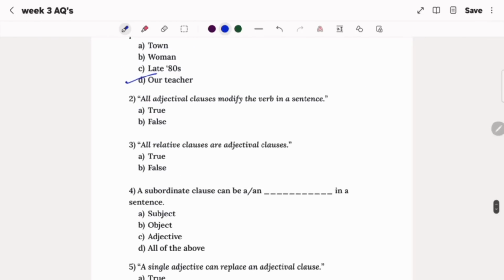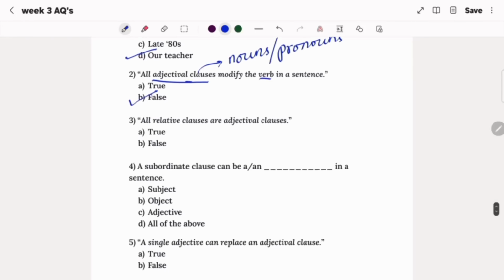All adjectival clauses modify the verb in a sentence. False. Adjectival clauses modify nouns or pronouns, not verbs. If it is modifying a verb, then it becomes adverbial, not adjectival.